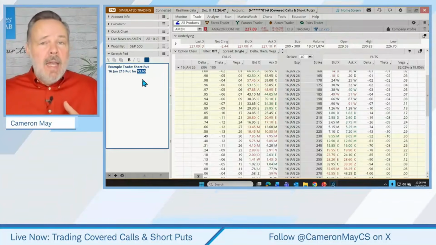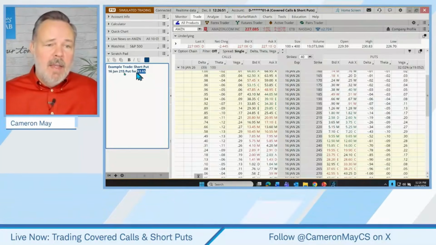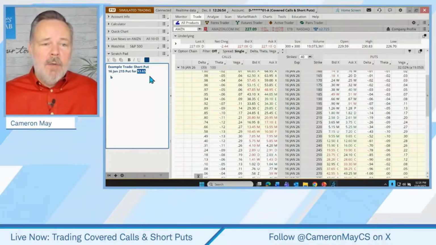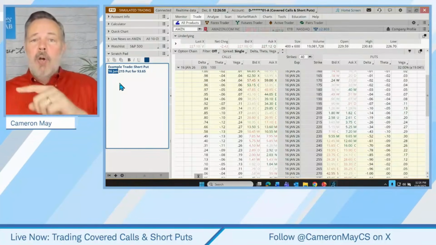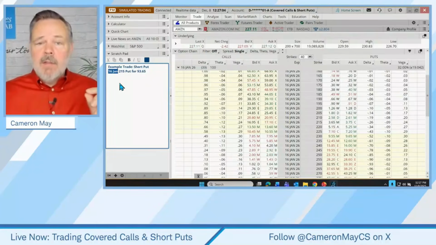The potential con here, the possible disadvantage, depending on how one looks at this, is that for the next 39 days or through the 16th of January, someone has the right to put shares into our account. In other words, force a sale of shares through this contractual obligation of ours.